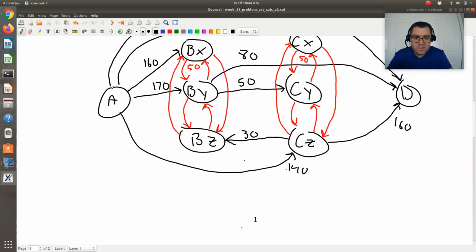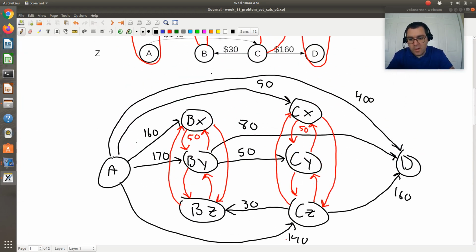Okay, and how we're going to set this up is we want to start at node A and end at node D. Okay, so we can add another color. I'm going to have some fictitious unit, I guess in this case a passenger, entering at node A and exiting our network at node D.